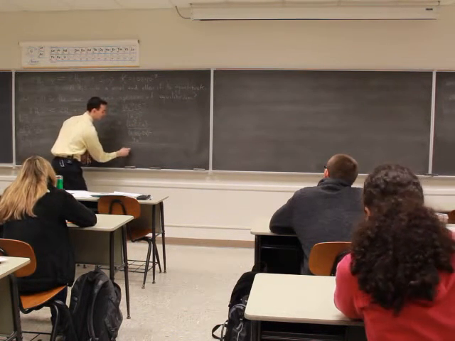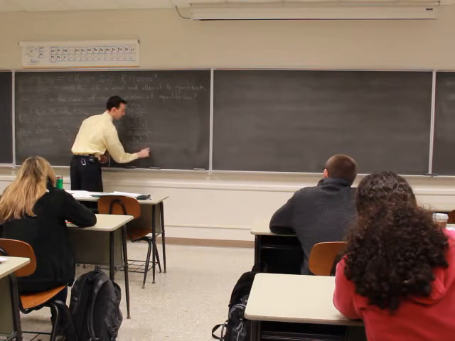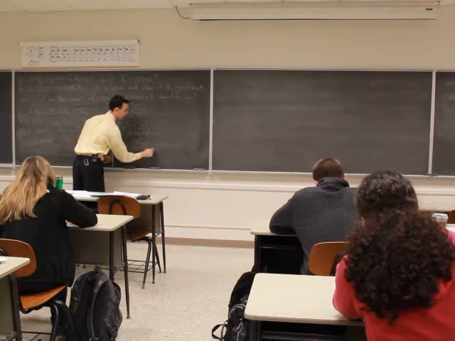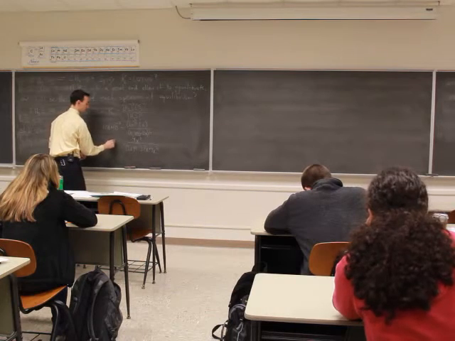Then our denominator is going to be 0.64 minus 3.2x plus 4x squared.